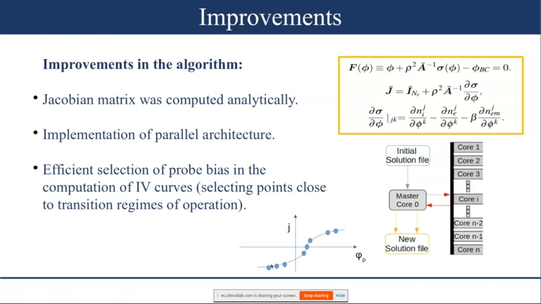In a third place, we use an algorithm to select these mesh points in a more efficient way, where these mesh points are closer to the transition boundaries.